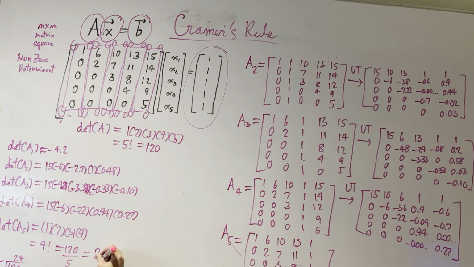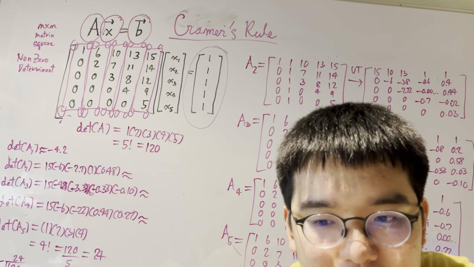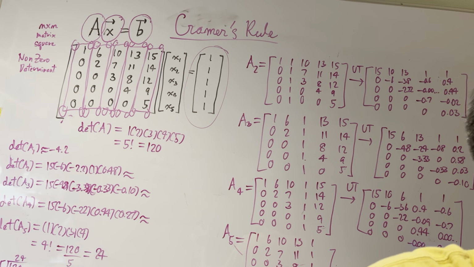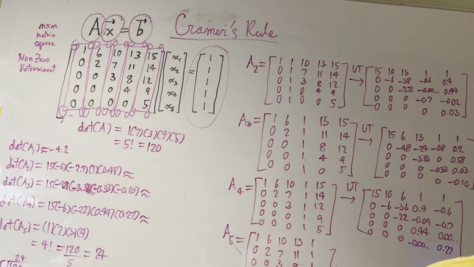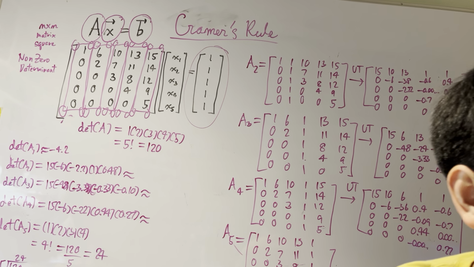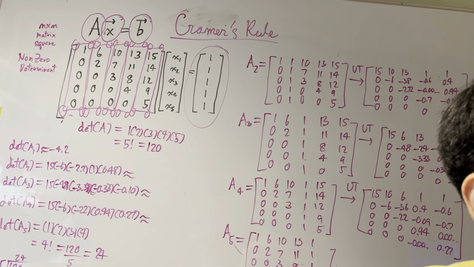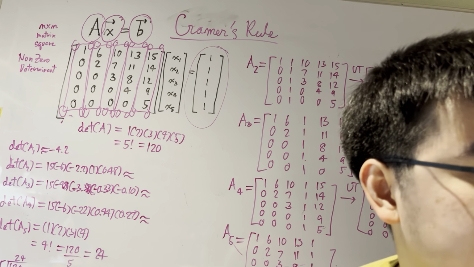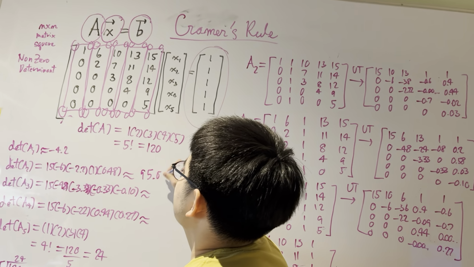That gives a nice number for this, and then the approximations for these, please give me a second as I go to my calculator. So that is 95.04, this one here.